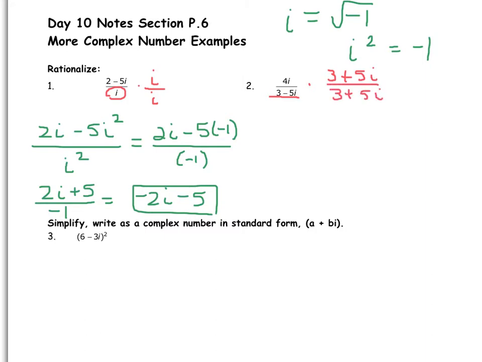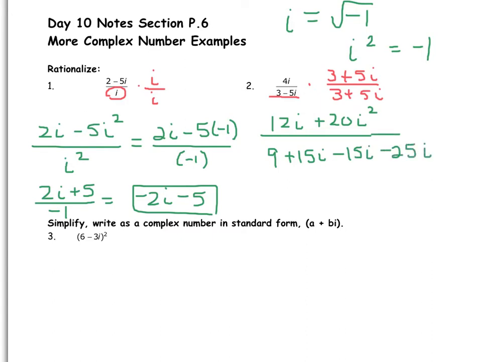And as you multiply the numerator, that's going to give you 12i, and it's going to give us a positive 20i squared. In the denominator, as we multiply out the two binomial expressions, we have 9 plus 15i minus 15i, and then minus 25i squared.